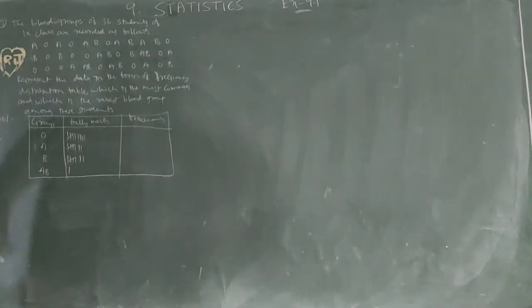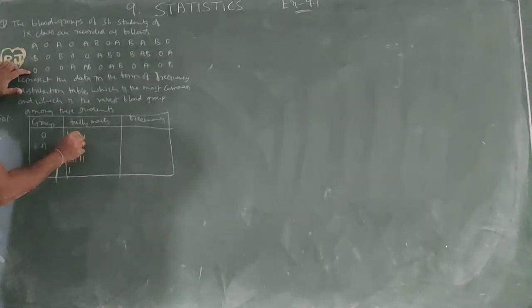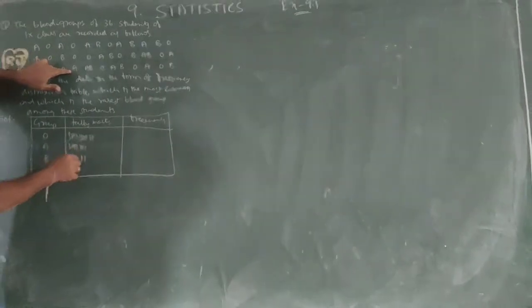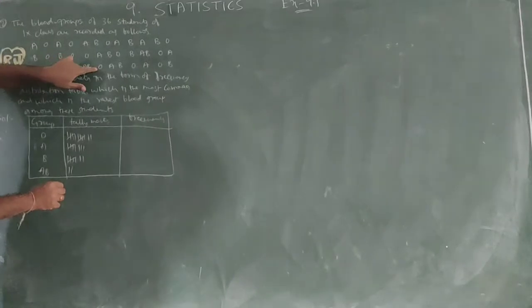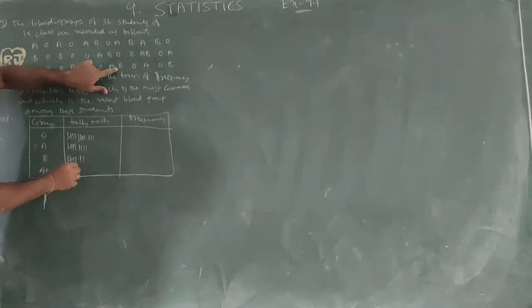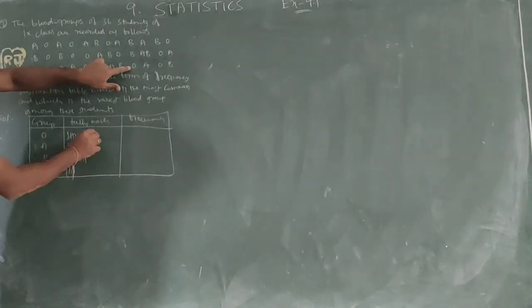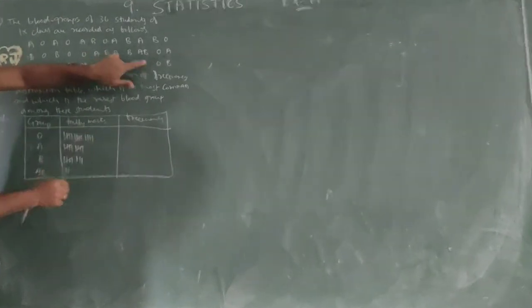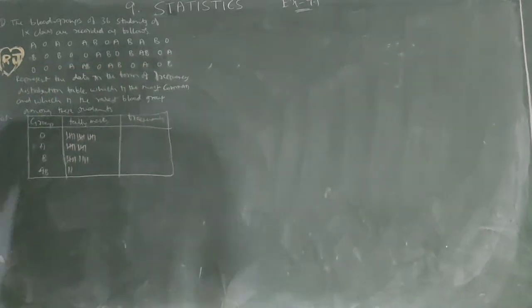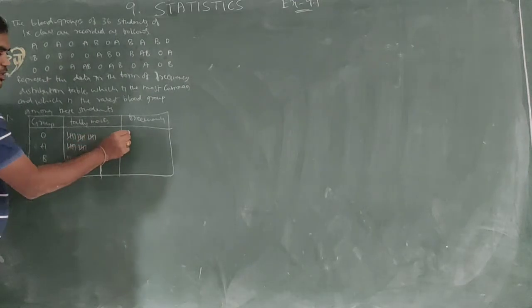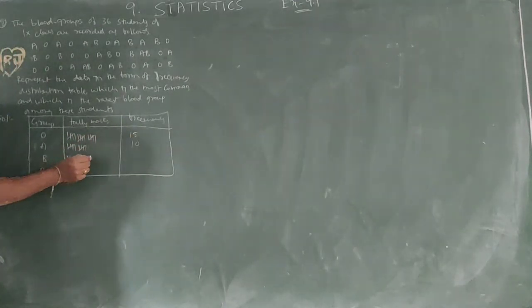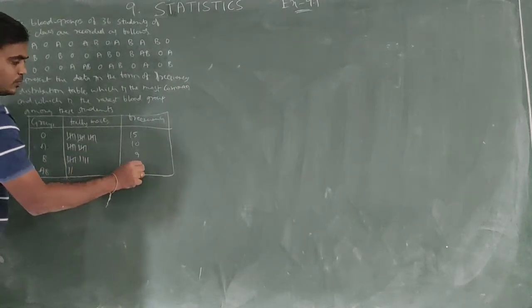Next, again start. O, A, B, O, A, B, O, A, O, B. Now 5, 10, 15. 5 plus 5, 10. 5 plus 4, 9, 2.